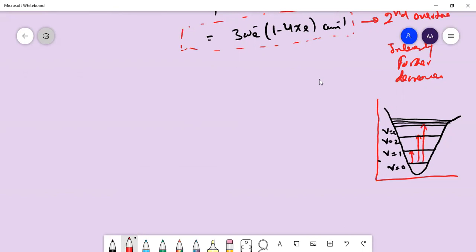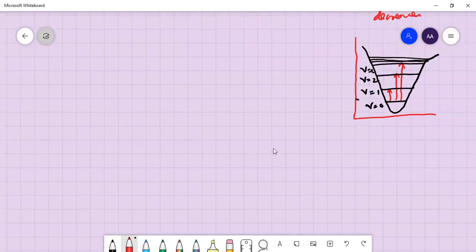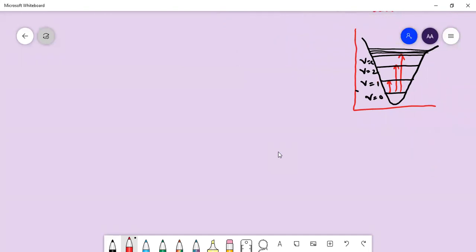So the first peak is known as fundamental absorption, second is first overtone, and the third is our second overtone. The effect of this in the spectrum is that we can get different peaks. For example, the first peak I get is here at ωe bar. The second peak I will get near 2 ωe bar. Third, I will get around 3 ωe bar.